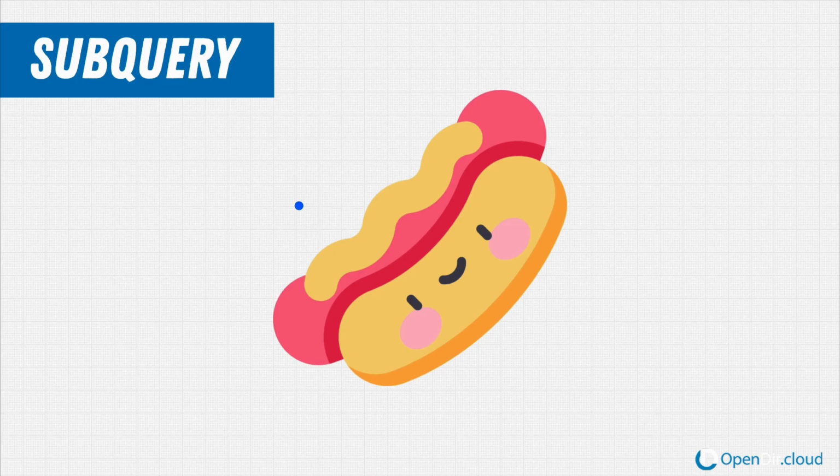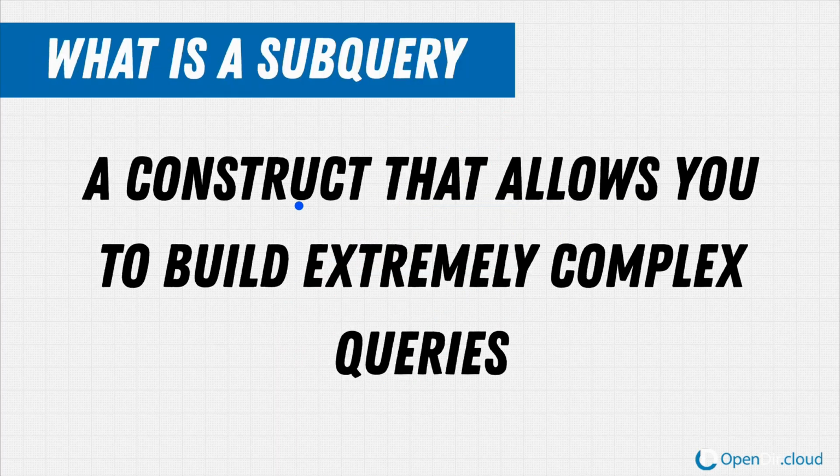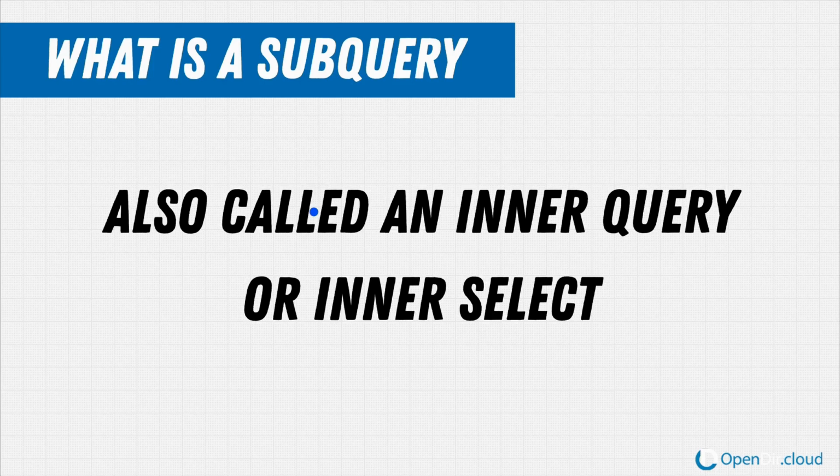Now, the flaky analogy aside, a subquery is a construct that allows you to build extremely complex queries. And that's what we're aiming towards. Not my bad analogies. We're aiming to build complex queries. We're aiming to become masters of SQL. And so a subquery is also called an inner query or an inner select.